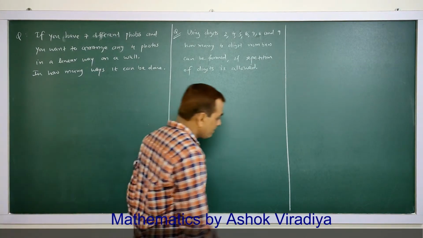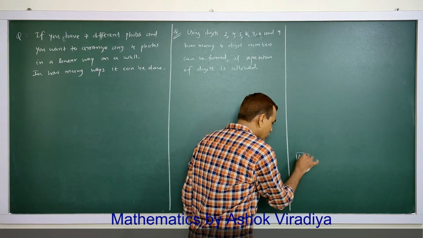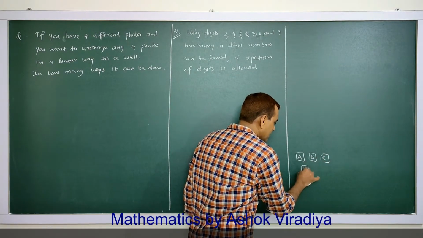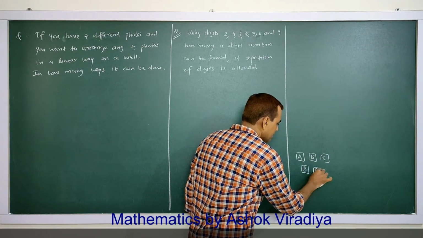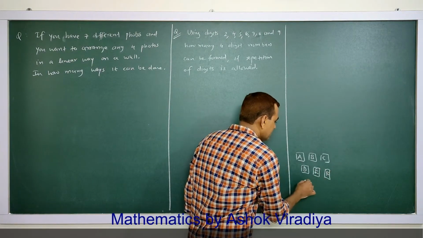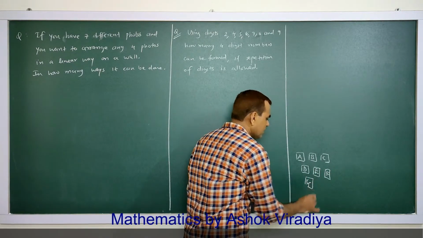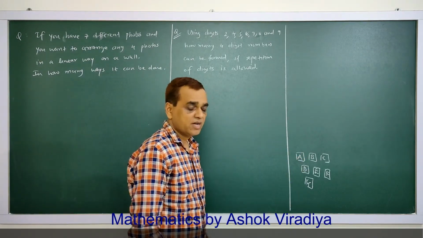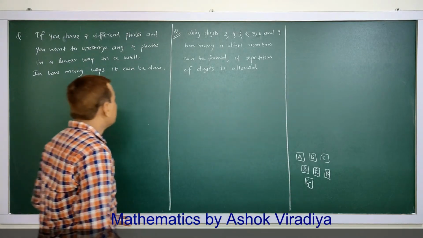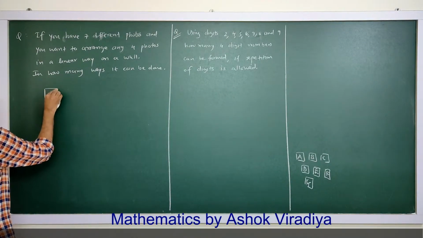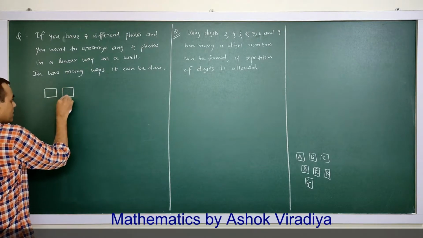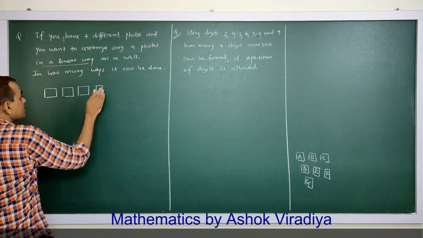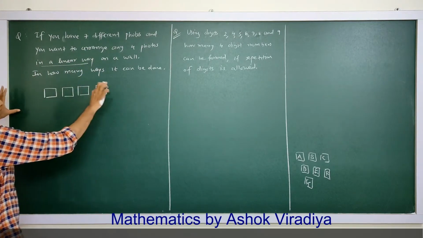Say photo A, photo B, photo C, D, E, F, G. Suppose that these are 7 different pictures, and you want to arrange only 4 photos in a line, in a linear way, on a wall.